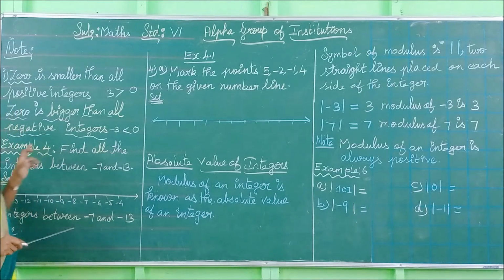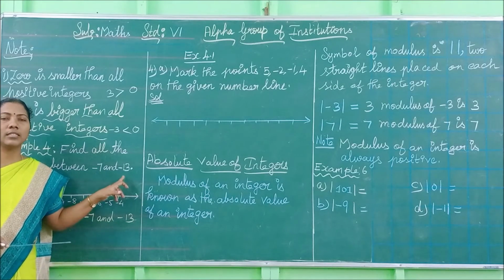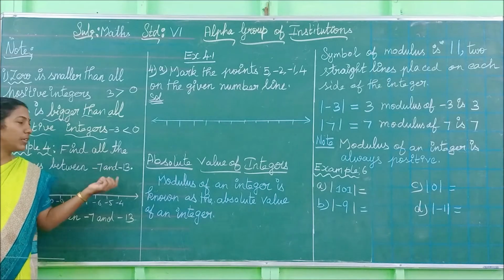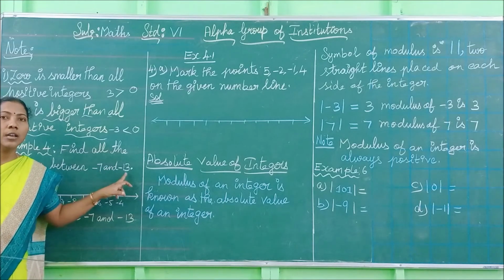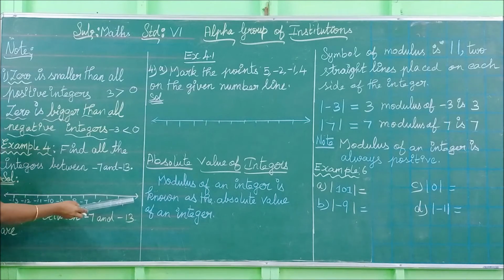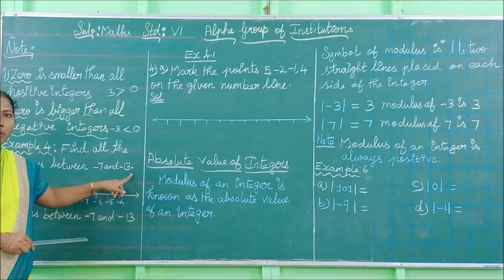Find all the integers between minus 7 and minus 13. That is, we have to find all the integers that lie between minus 7 and minus 13. How are we going to write them in order? Just for your reference, I am drawing this number line. There is no need to draw the number line. Now we are going to write the numbers between minus 7 and minus 13.